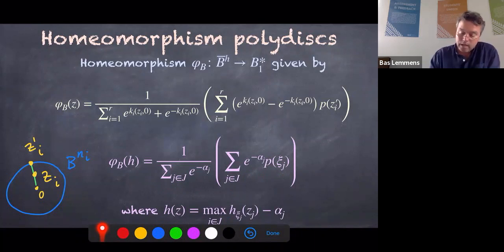Okay, so this can be proven to be a homeomorphism in this case. This is not so hard either, but it requires quite a bit of steps to prove.